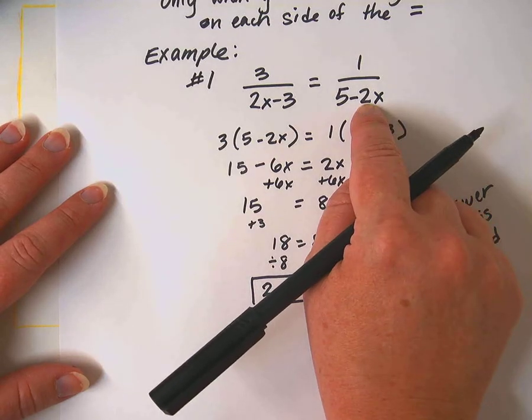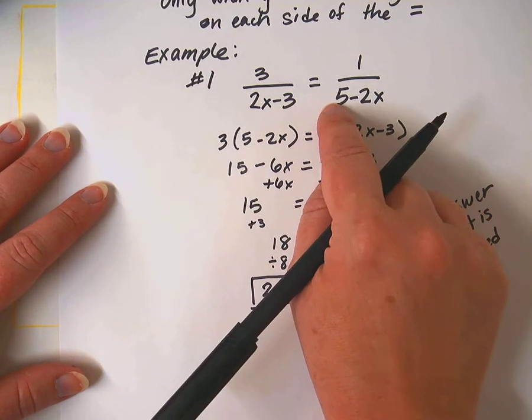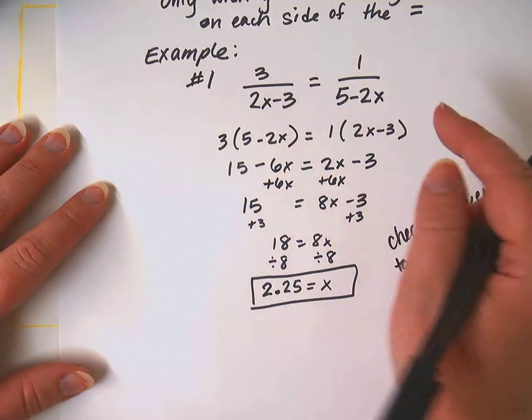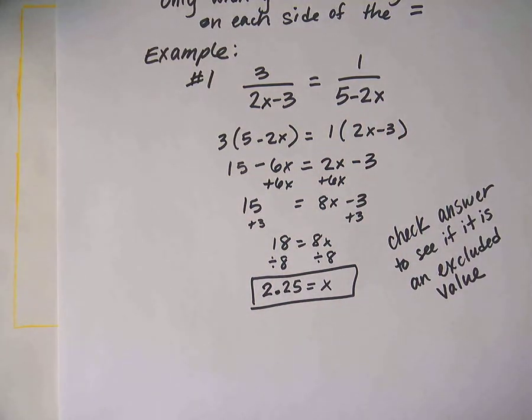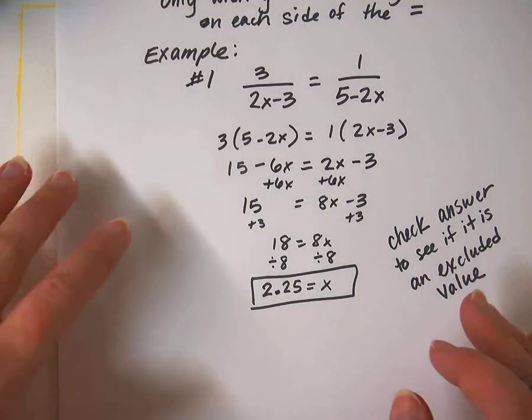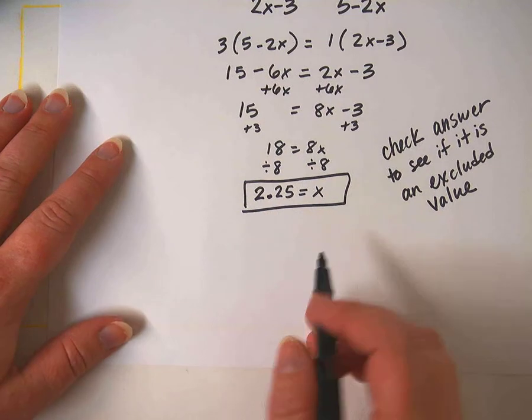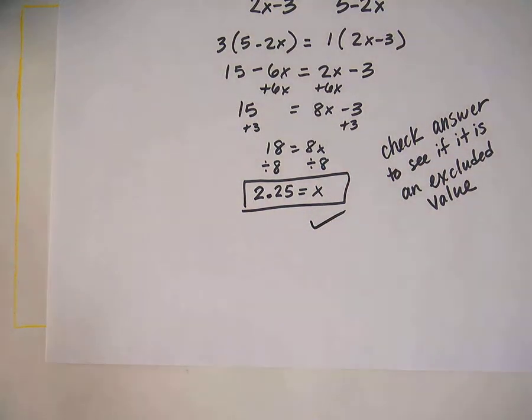So that one's 4.5 again. What's 5 minus 4.5? 0.5, which is not 0. It's perfectly fine to divide by numbers that are not 0. So guess what? It works! And there's our solution, and we're done with that problem.